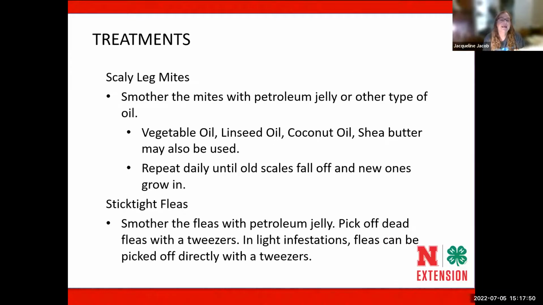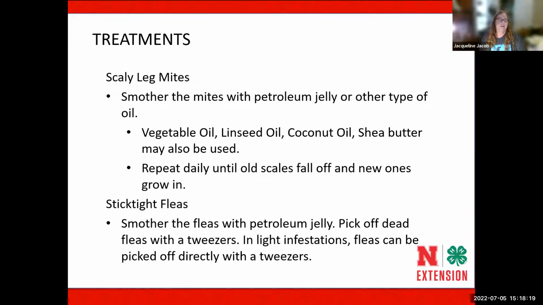For the scaly leg mites and the stick-tight fleas, the main thing that you want to do is smother the mites. And for the stick-tight fleas, you basically have to use petroleum jelly. The problem is that you kill the fleas, but it takes a while for them to actually fall off the face of the bird.